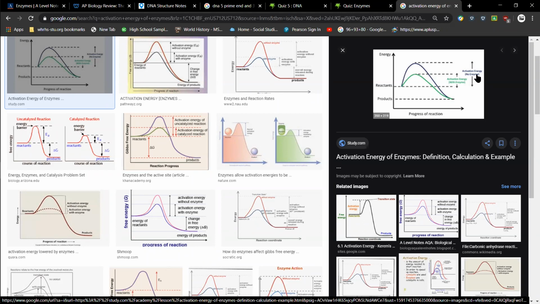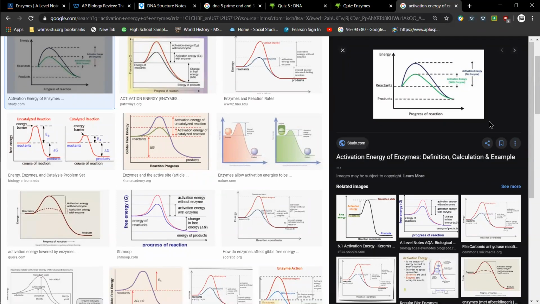That's what's shown here. The blue curve here is the activation energy with no enzyme. So if I have no enzyme, I would need this much energy. I would need to take the reactant and add this much energy, which is called the activation energy. And then the reaction will occur and the energy comes down because we're breaking down that molecule.